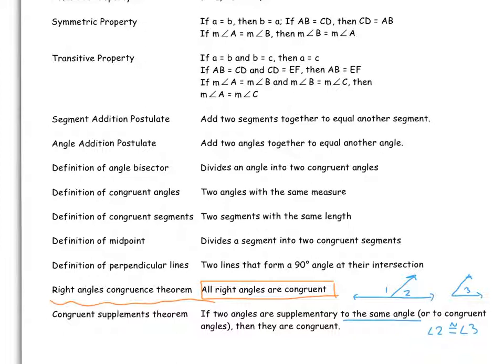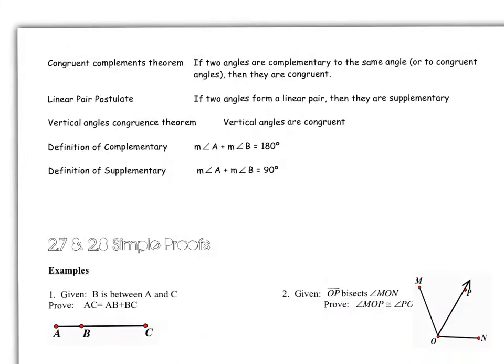Because let's say angle 1 is 100 degrees, that means 2 has to be 80. Well, if 1 is 100 degrees, then 3 also has to be 80 because they're both supplementary to it. So the congruent complements theorem works exactly the same way, except that together they equal 90 degrees.